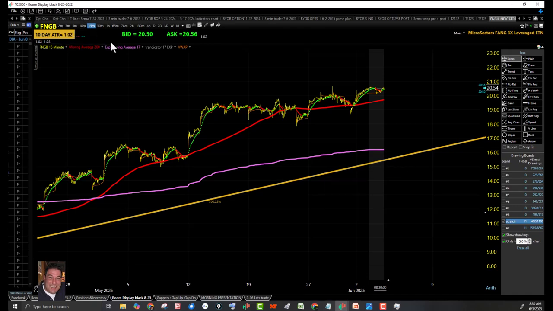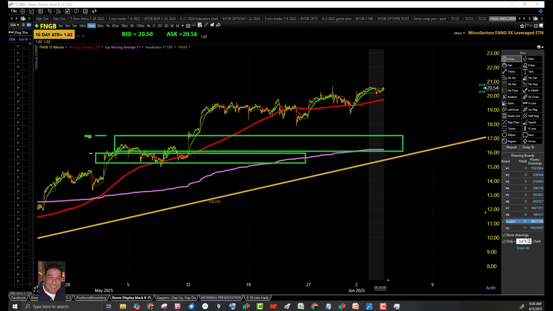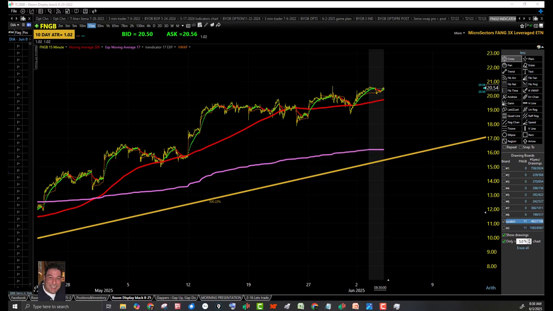So FNGB 15-minute uptrend. Notice we got some sloppy consolidation over prior consolidation. Let's take a look at that. Okay, you can see price action kind of consolidating. I don't know why it does this to me. I just want to show a nice picture.